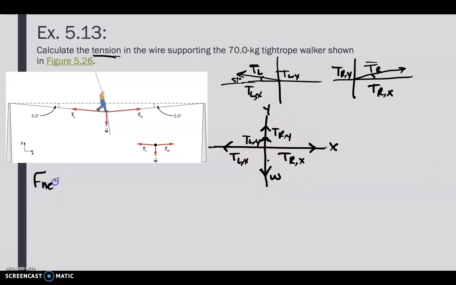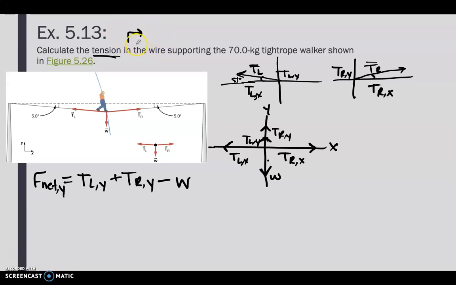So F net should equal T L y, that's going to be the y direction, plus TRY minus W. Okay. And we notice that this person is still.